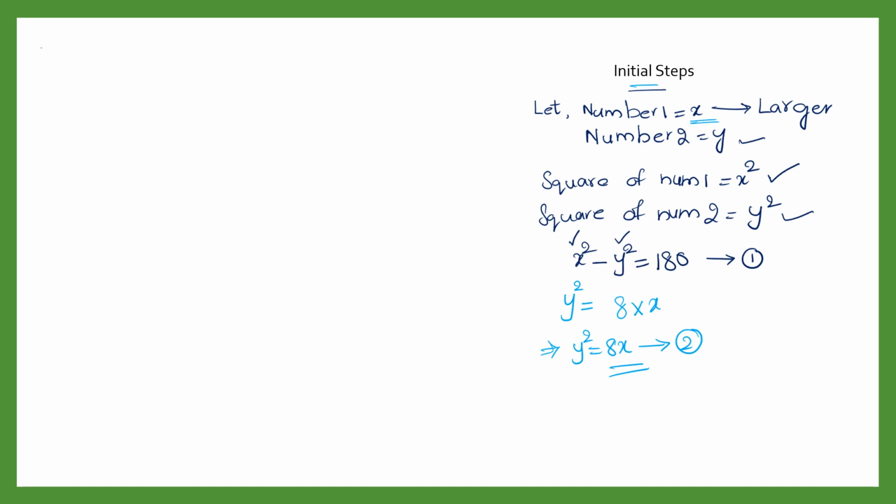We got two values for x: x is equal to 18 and minus 10. See, these were our initial steps. When we started the problem, we did this. What is number 1? Number 1 is x.